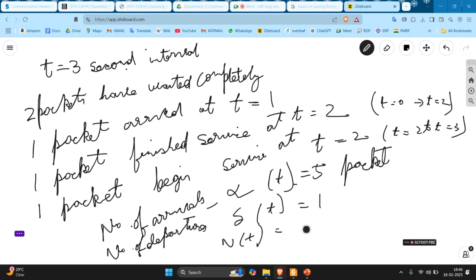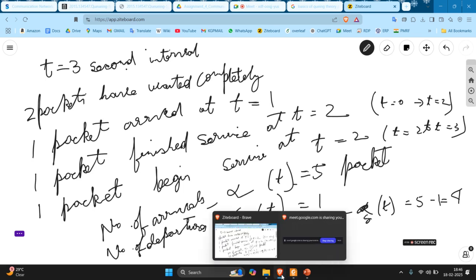How many? 5 minus 1, alpha(t) minus delta(t). So 5 minus 1, 4. There are 4 packets in the system.